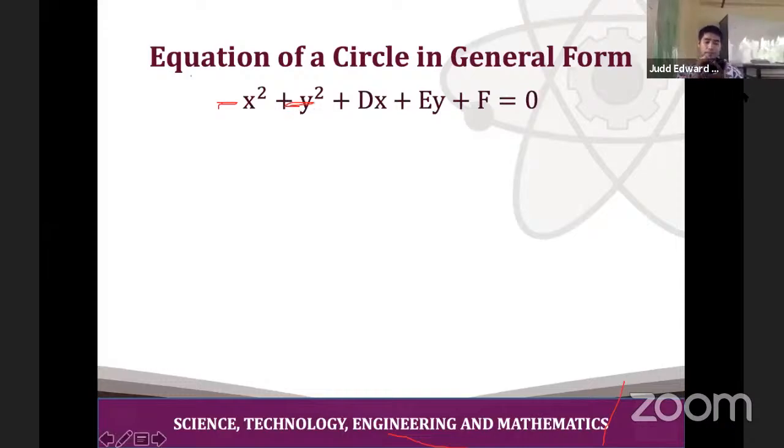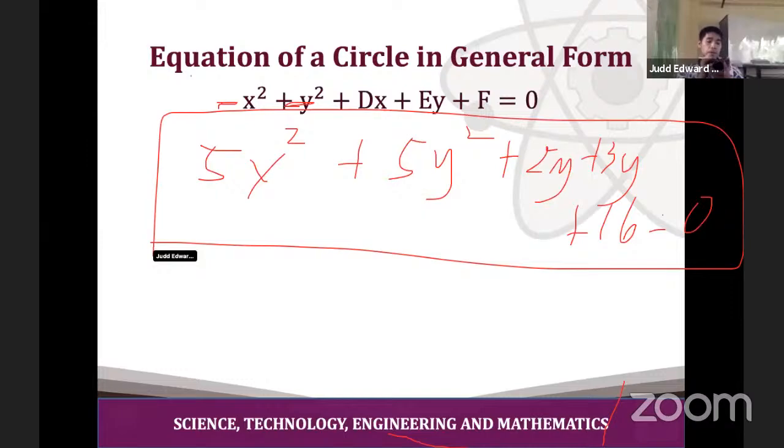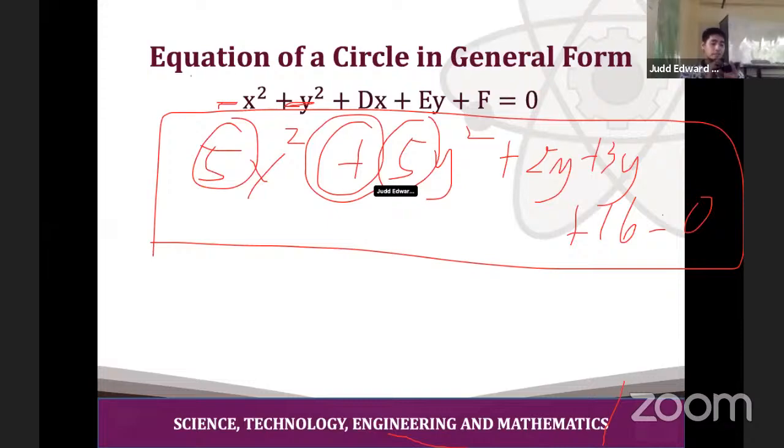For example, yung binigay sa'yo is 5x squared plus 5y squared plus 2y plus 3y plus 16 is equal to 0. Therefore, it is an equation of the circle. Why? Because 5y squared, 5x squared, they have the same coefficients, and the sign between them is positive. So positive 5 is equal to positive 5. Therefore, it is a circle.